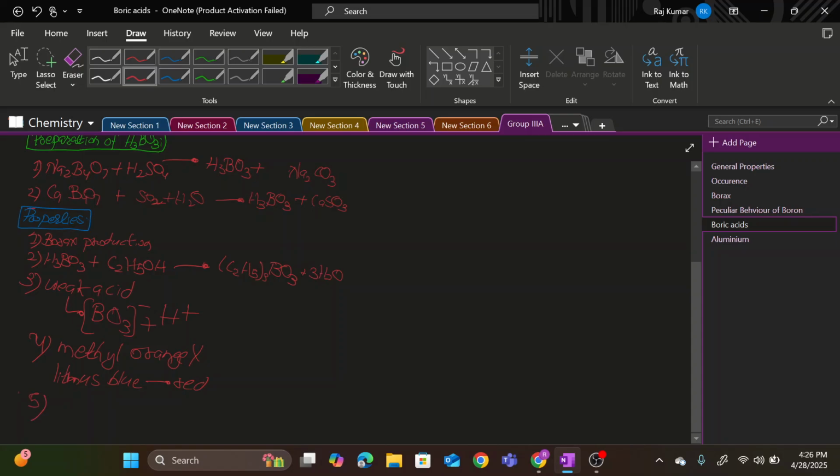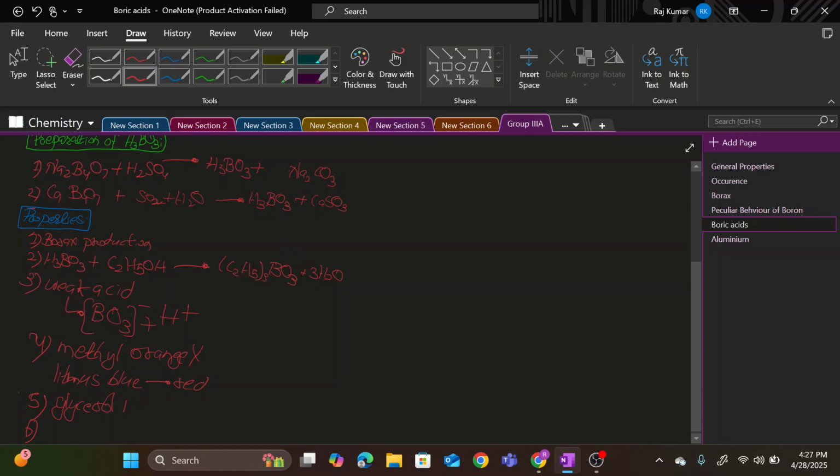And another important thing is that since it is a weak acid, it cannot be used for titration, but we can add glycerol for having it used for titration with sodium hydroxide, and alongside that we can also have phenolphthalein as an indicator. And then we have glycerol.